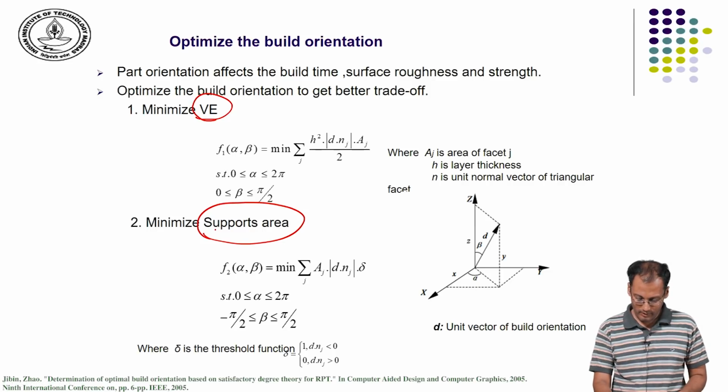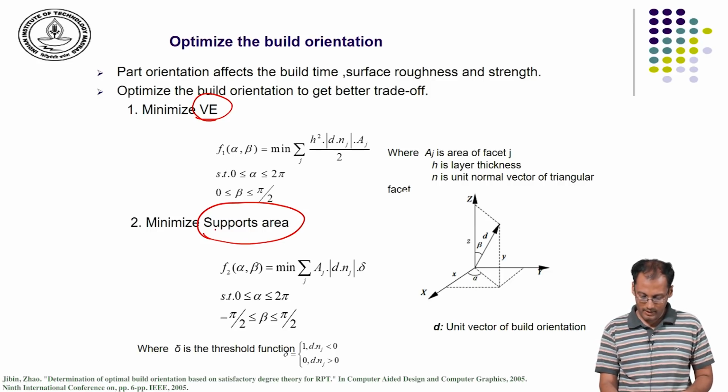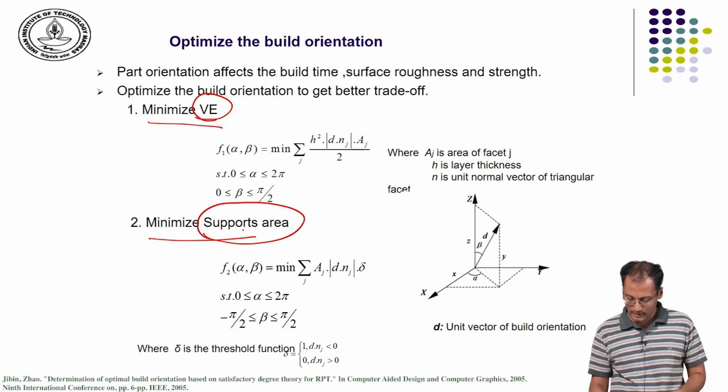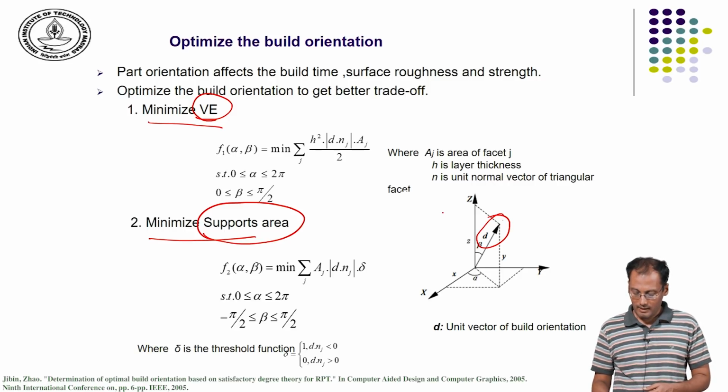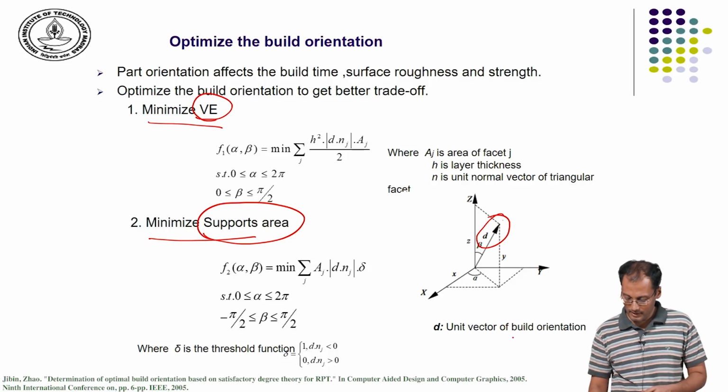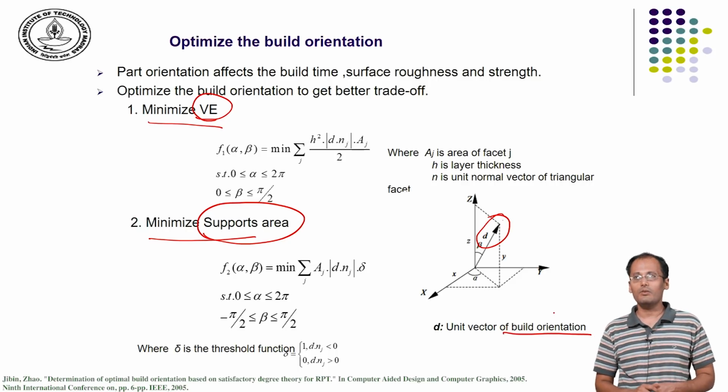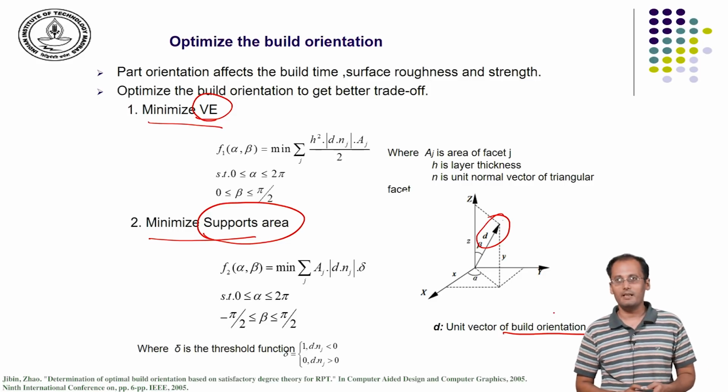So, one could formulate an optimization problem to minimize say the error or to minimize the support structure, and take the variable as the build orientation, which is determining the orientation of each facet, and keeping this as the design variable, that is the build orientation, one could optimize for the build orientation.